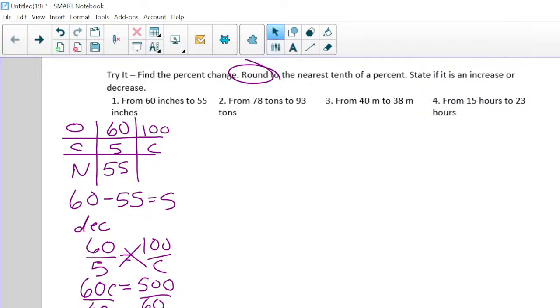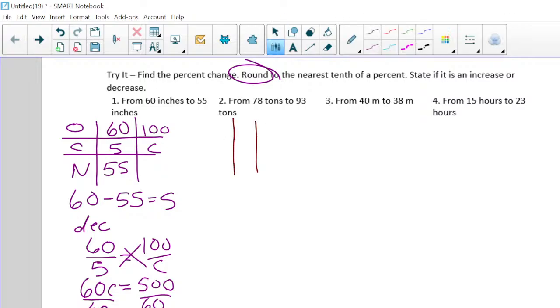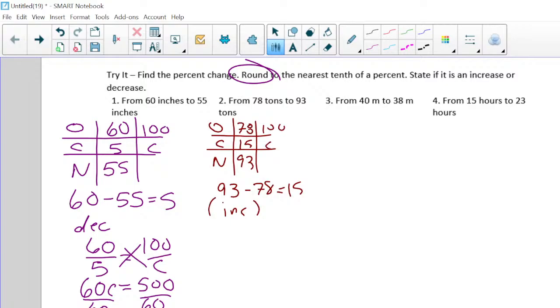Okay, the next one. From 78 tons to 93 tons, original, change, new, 78, 93. 93 minus 78, that gives us 15. That's our change. Going from 78 to 93 is an increase. Then we have 100 here, change there.